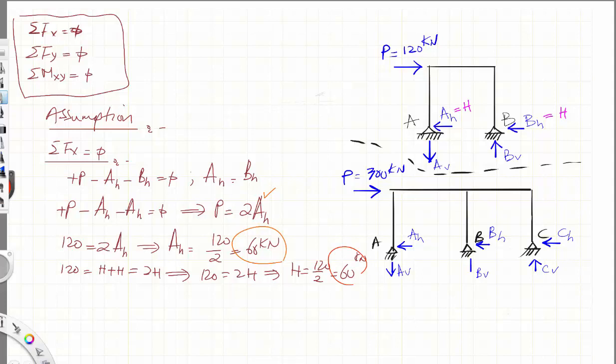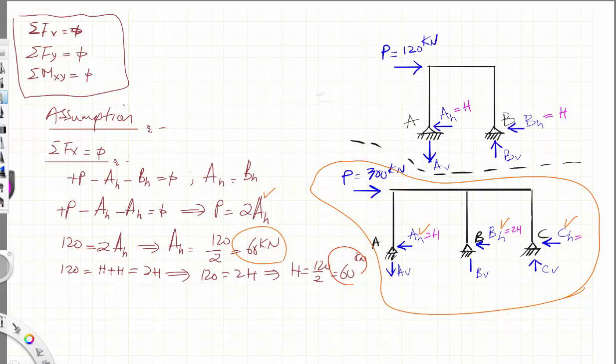Now what happens if we have two bays like the following? If we do the sum of all forces in x direction, you have AH, BH, and CH. So what is now the status of BH? To complete assumption 1, we'll say that this is equal to H, the interior is 2 times H, and this is equal to H. That can be represented in the following way.